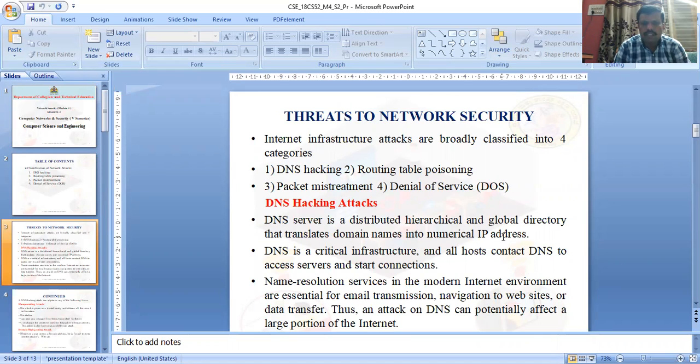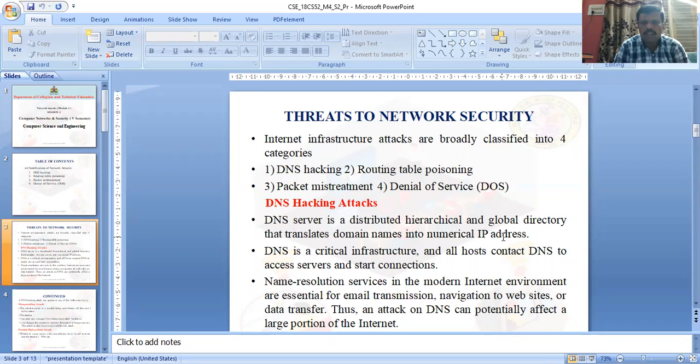Domains are classified into two types: generic domains and country domains. Generic domains have three-character extensions like .com, .edu, .gov, and .mil for military. These are the generic domains.